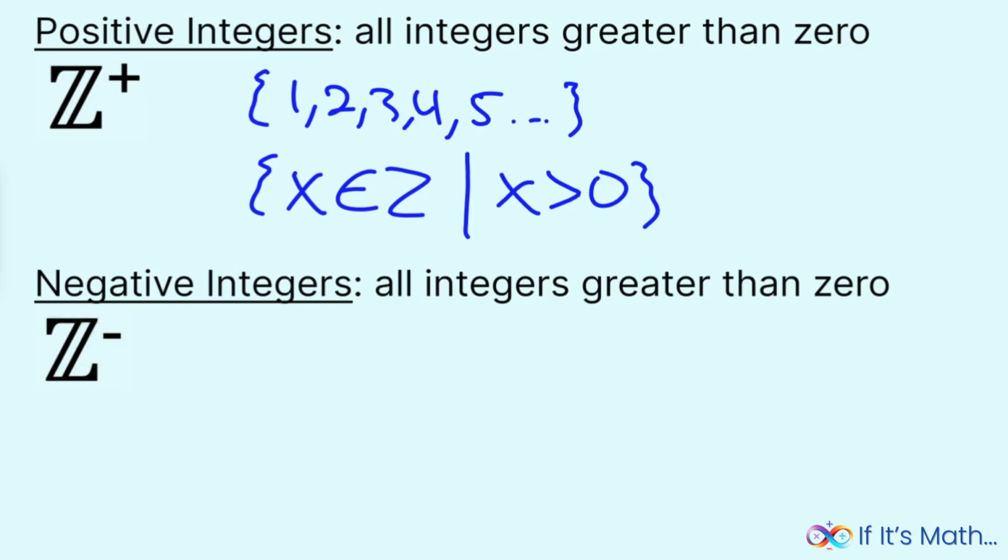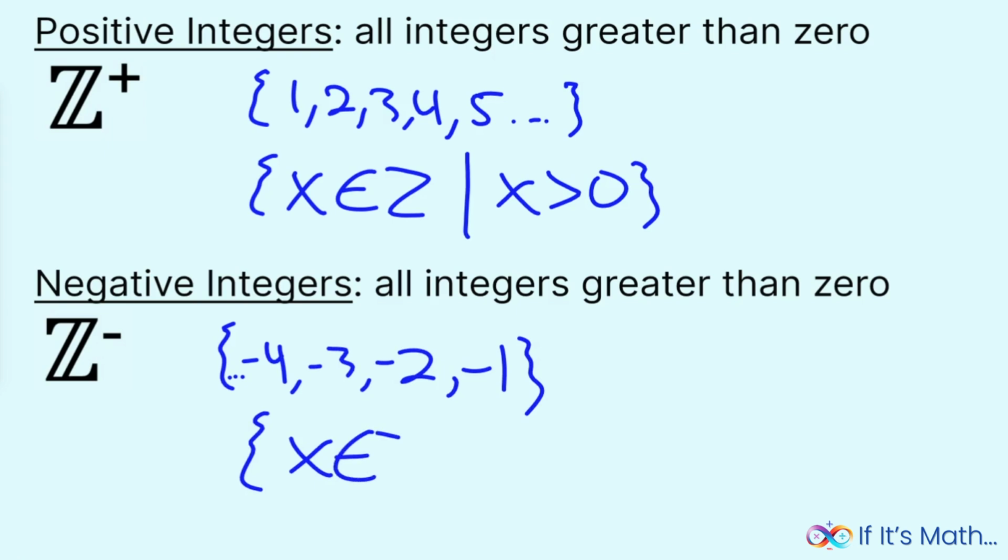We've got that integer Z with the negative off to the side. So we've got our, starting from negative forever, -4, -3, -2, -1. And again, thinking about that set notation, the set of all numbers x that are integers such that x is less than 0.